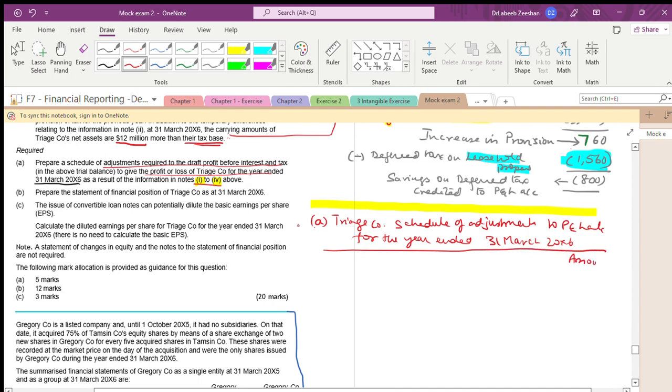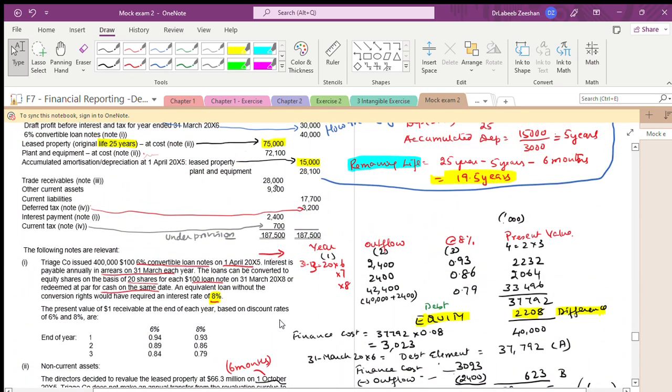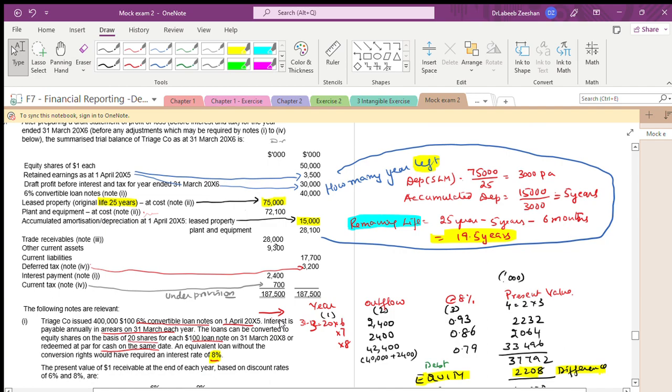Amount in thousands. Particulars. They have given a draft profit and loss account 31st March 2006. How much is there? 30,000 is there.